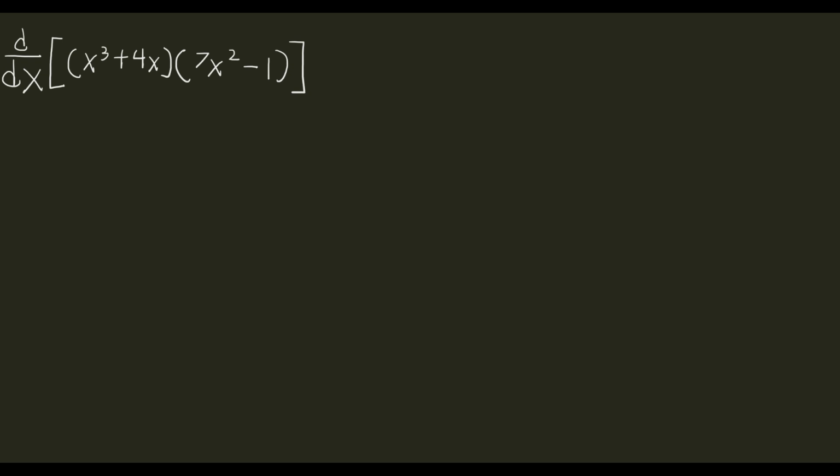We want to find the derivative of x cubed plus 4x times 7x squared minus 1. Like previously, we could label this first function as our f and this second function as our g. We could write it out: f of x equals x cubed plus 4x, and g of x equals 7x squared minus 1.